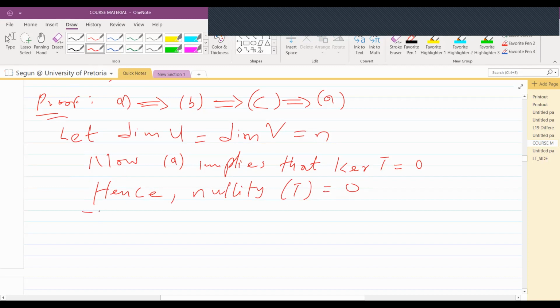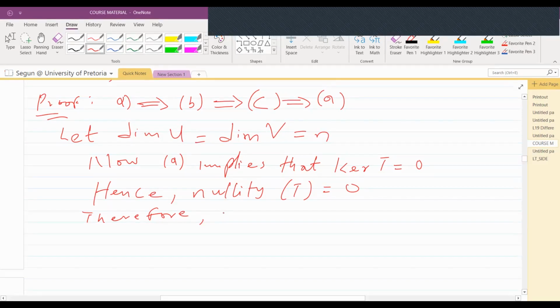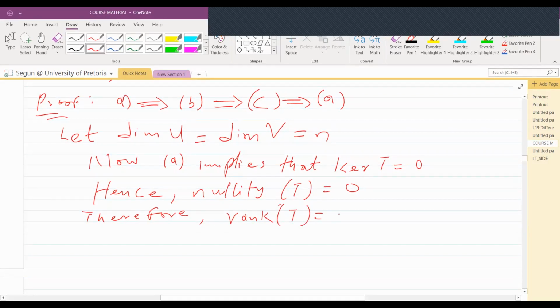Therefore, by the previous theorem that we've proved and the definitions, the rank of T is equal to N.